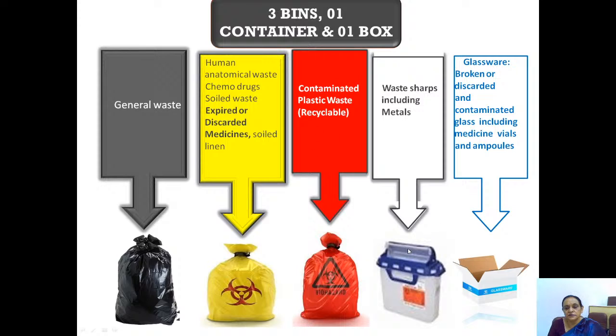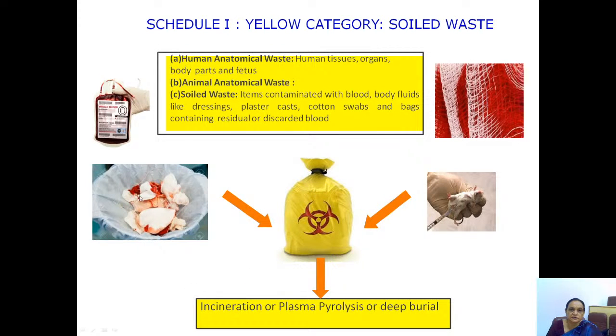Then there is a puncture proof, tamper proof container, which is for the sharps, so needles including metals. And then there is a blue or a cardboard box. It's a thick box where all glassware, broken, discarded, some medicine vials, ampoules, all these are put. So again these are also recyclable, while this is non-recyclable. We'll see how they are all treated.